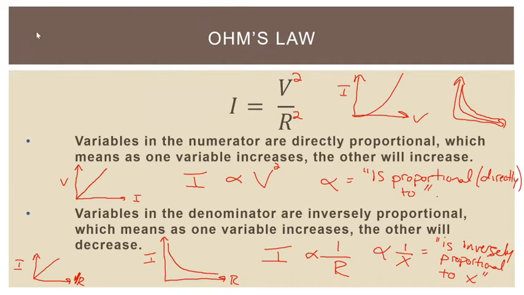And that brings us to the second kind of problem, where instead of being asked how a variable is changing, whether it's increasing, decreasing, or remaining the same, you are asked specifically how one variable is going to change given the factor by which another variable changes.